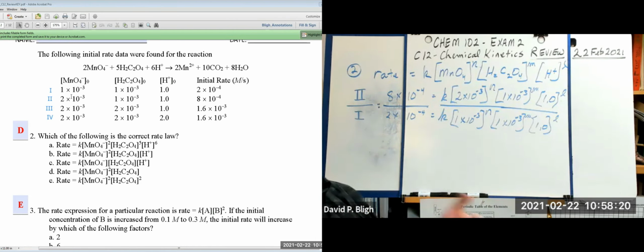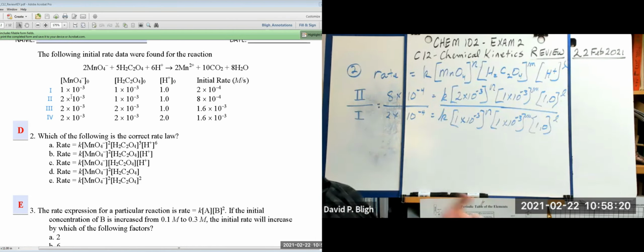Okay? So this would be K times 1 times 10 to the minus 9 equals 2 times 10 to the minus 4. And then K is equal to this one divided by this one. Right, K stays here, that one goes over the denominator.